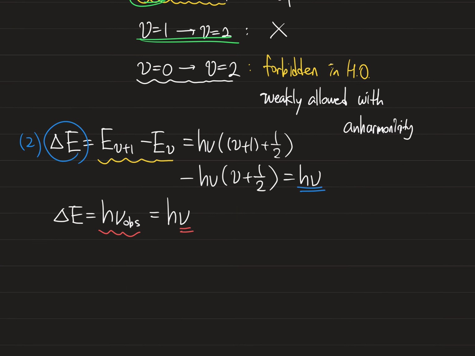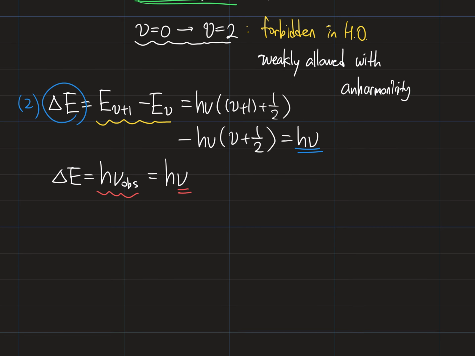Okay, and there are many technical issues. For example, some spectroscopists want to report the frequency in units of wave number rather than frequencies in units of per second.